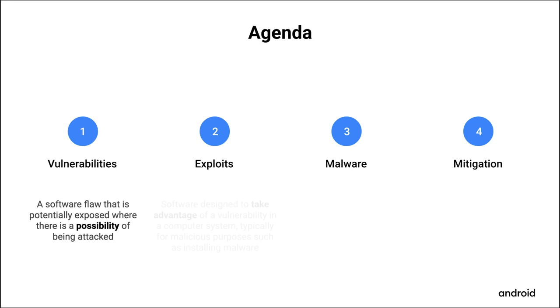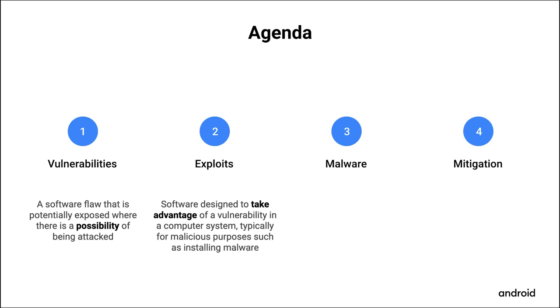An exploit is a piece of software that is designed to take advantage of a vulnerability in a system, typically for malicious purposes, right? And exploits are typically delivered through malware. Not always, but typically. And malware is defined as software that is designed to disrupt, damage, or gain unauthorized access to a system, right?